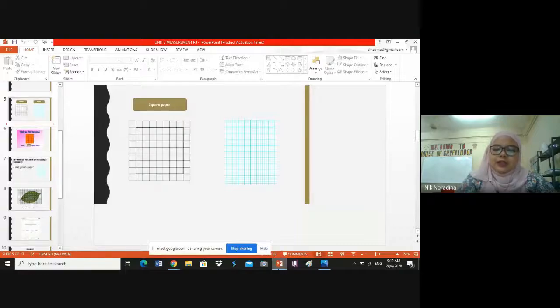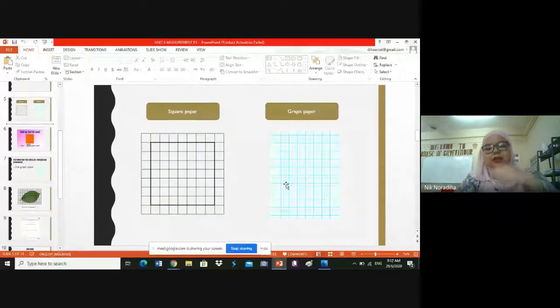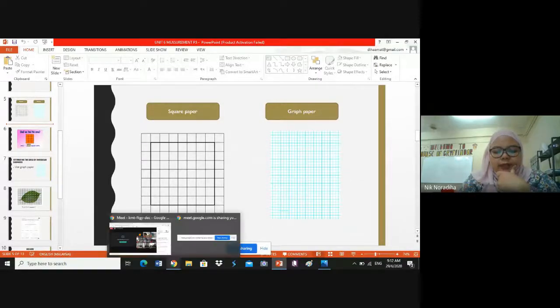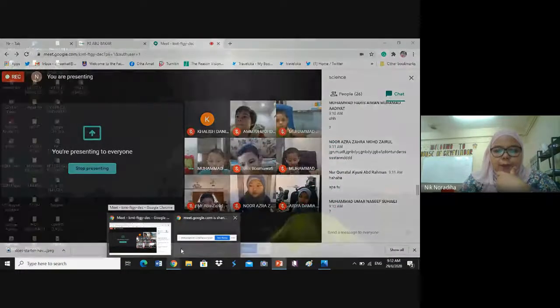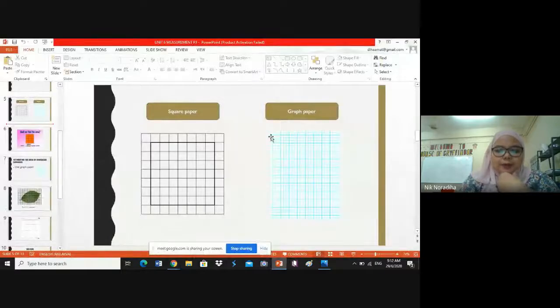Okay, can you see on your screen what I'm showing you? Can you answer in the chat box? Okay, you can see on my screen I'm showing you square paper and also graph paper. Last week, we found the area of the rectangle and the square using this square paper.